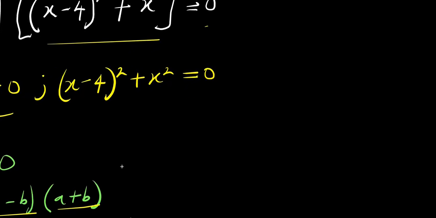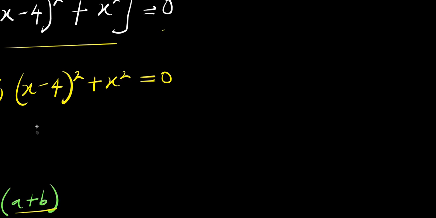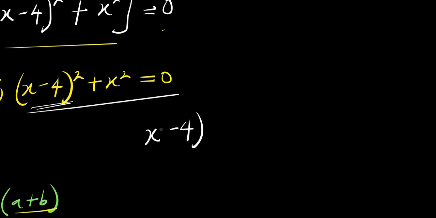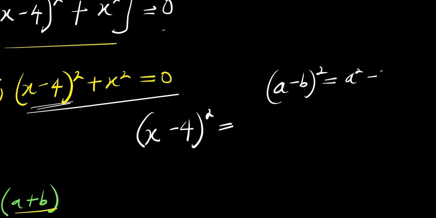Now let's consider this other equation. We have this. So we are going to expand this first, (x - 4)^2. If you have (a - b)^2, this is a squared minus 2ab plus b^2.